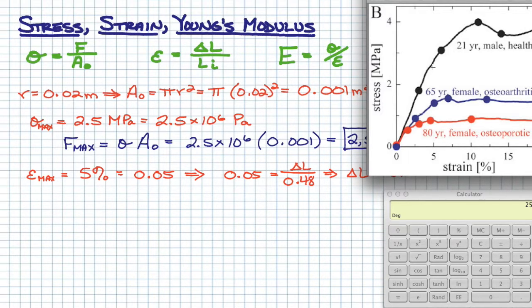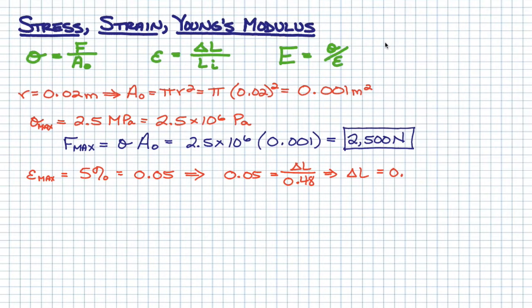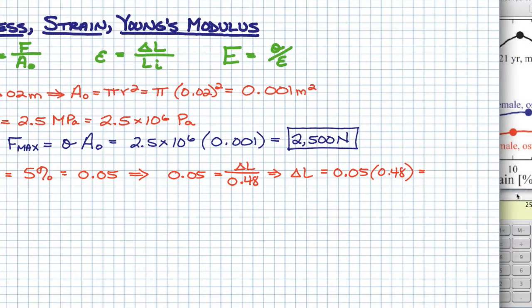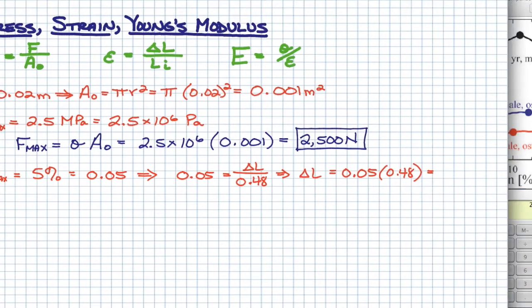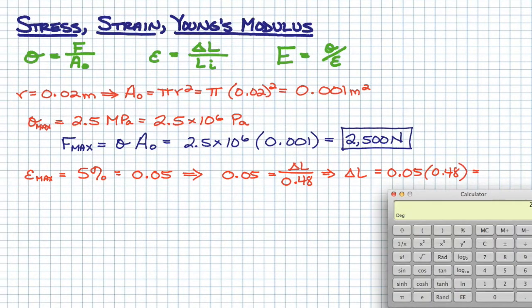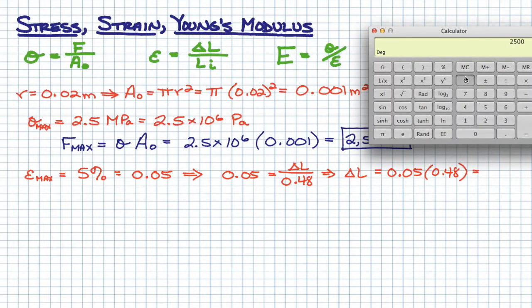0.05 times 0.48. If we plug this into our calculator, 0.05 times 0.48, what I should wind up with is 0.024 meters.